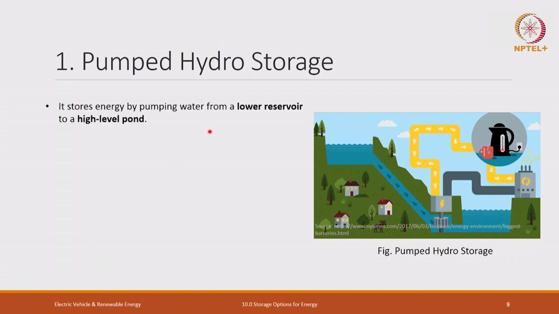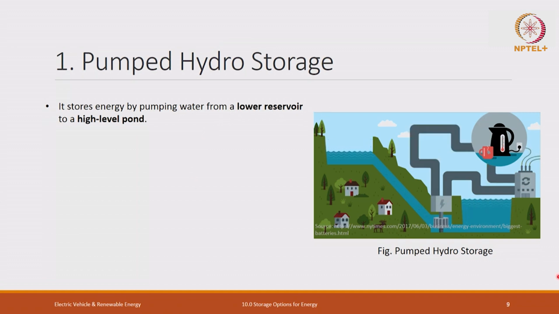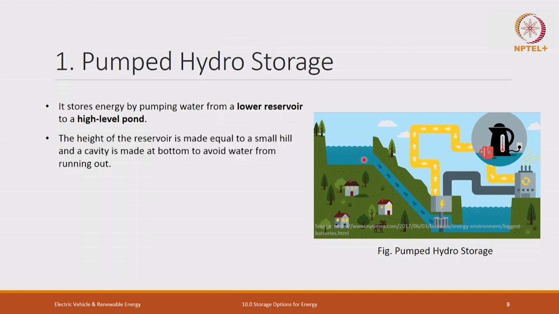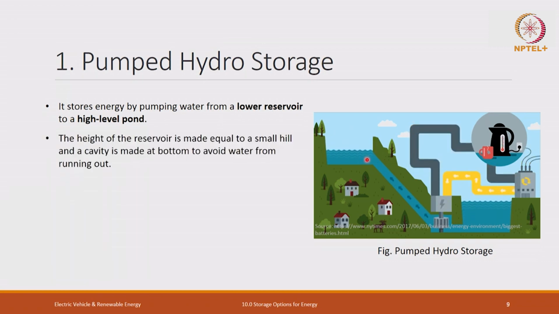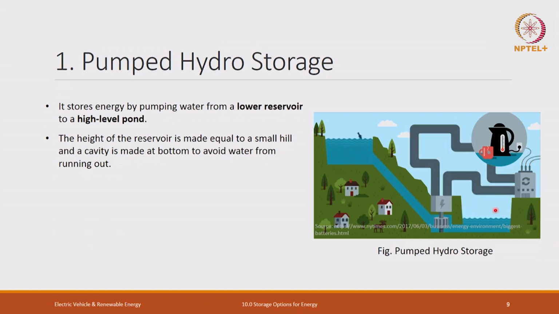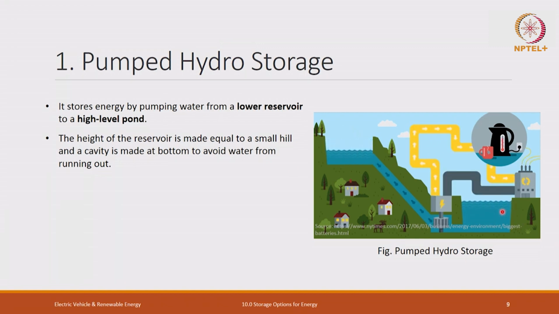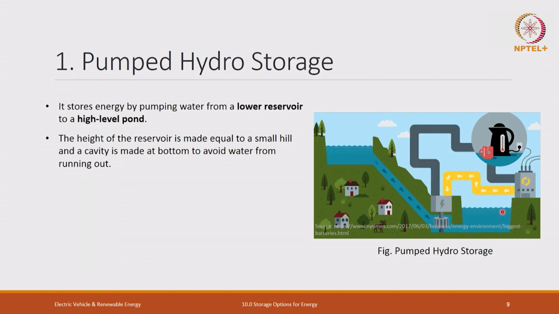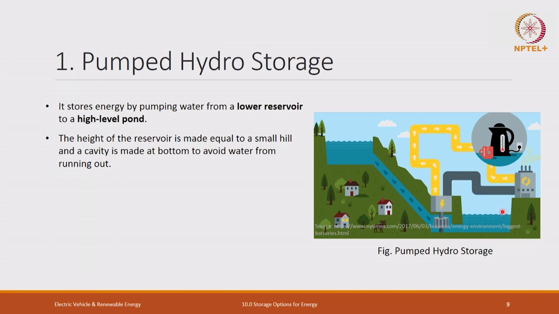It stores energy by pumping water from the low reservoir to the high-level reservoir. The height of the reservoir is made equal to a small hill because you need huge potential energy. And a cavity is made at the bottom to keep water from running out. There would always be losses because of vaporization and other things, but generally they get made up by rainwater and so on.